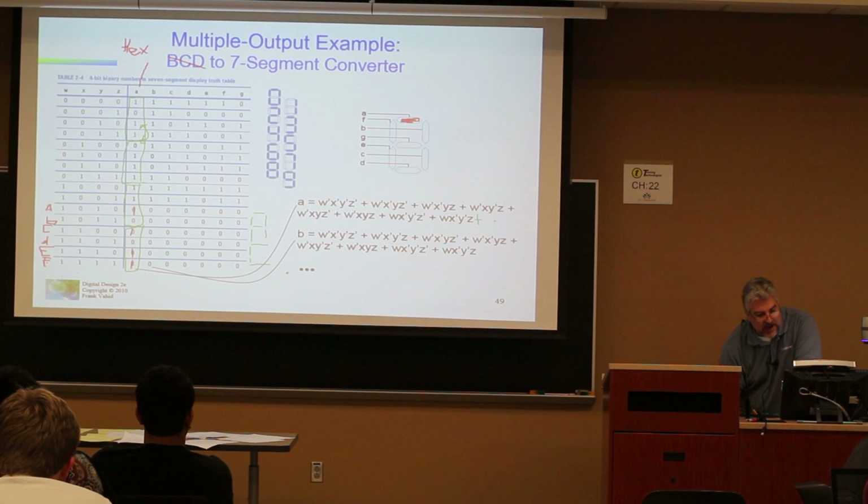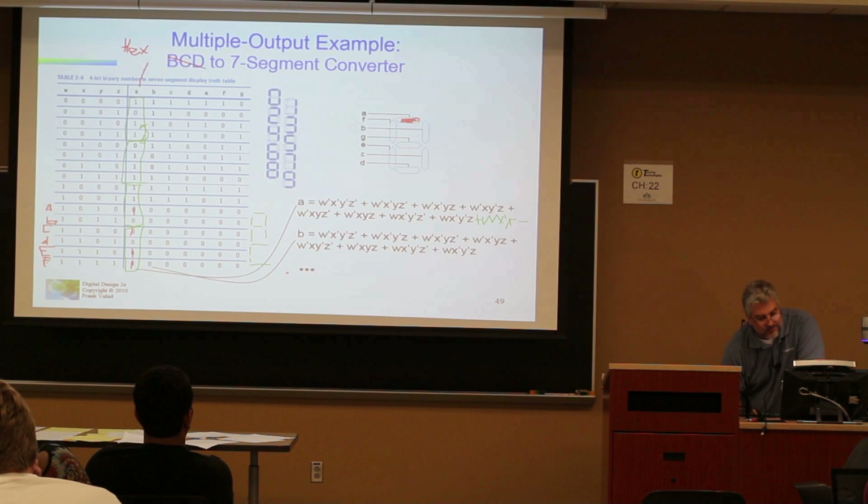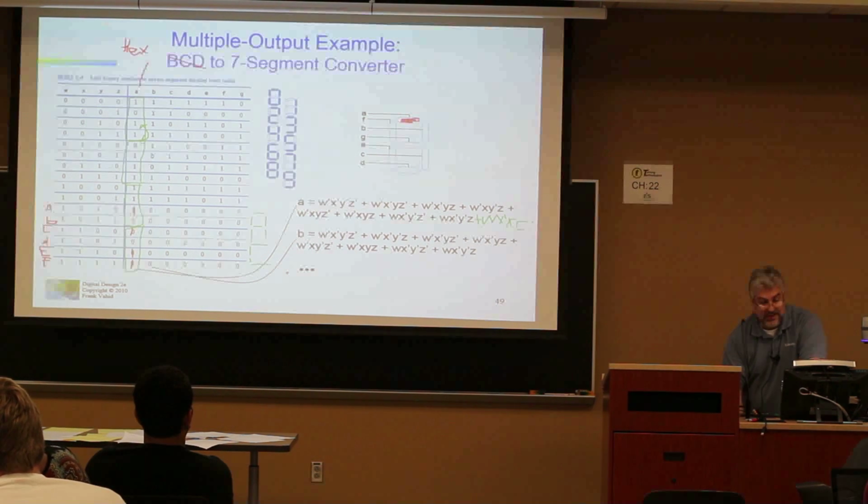What do I need to add on to here? What is this? W, X prime, Y, Z prime. That's a Z, can you tell?